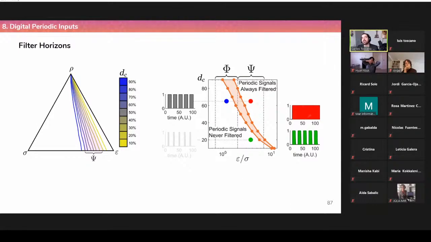And that means that we lose the periodicity of our input signal in our output signal.